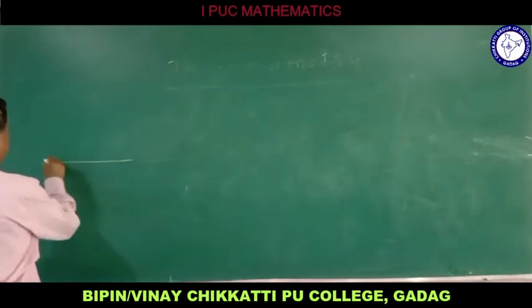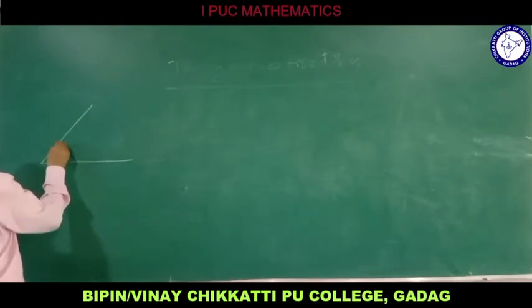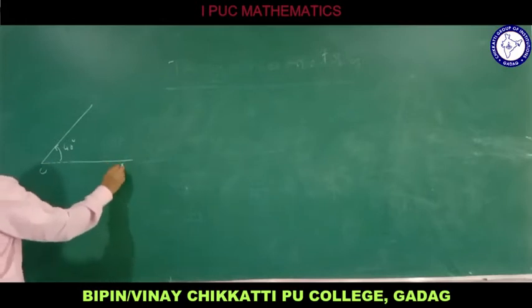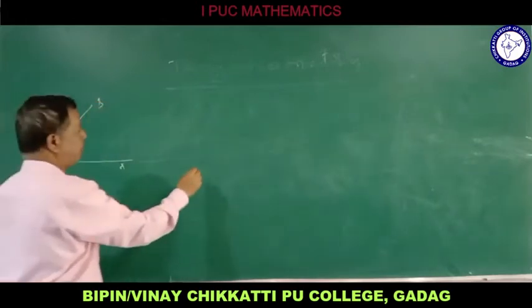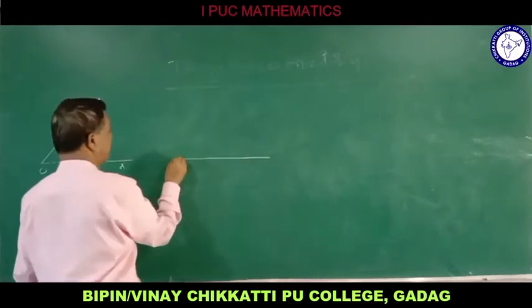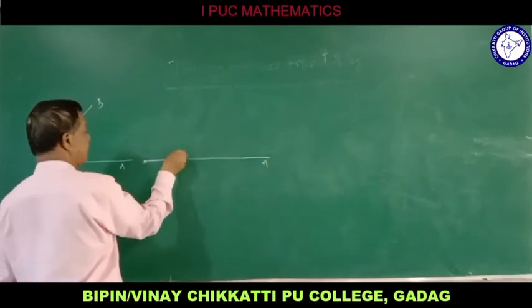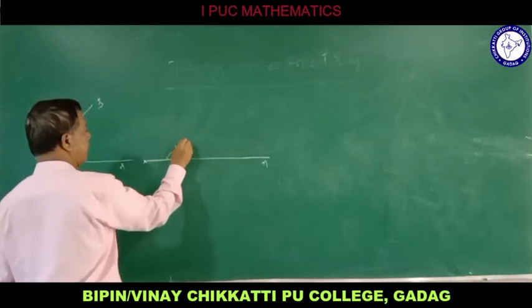So the measures of the angles that we can go for, according to the diagrams. Suppose if I say, you can say this is 40 degrees, O, A, B. And even if you say this is O, A and B, try to understand, this is 180 degrees.